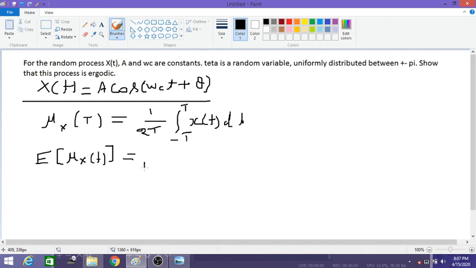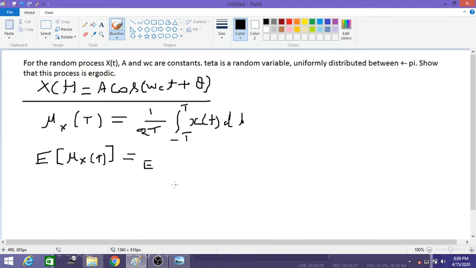Then what do we get? If we take the ensemble of this mu x of T, I think it's supposed to be the capital T here because it's a time period.